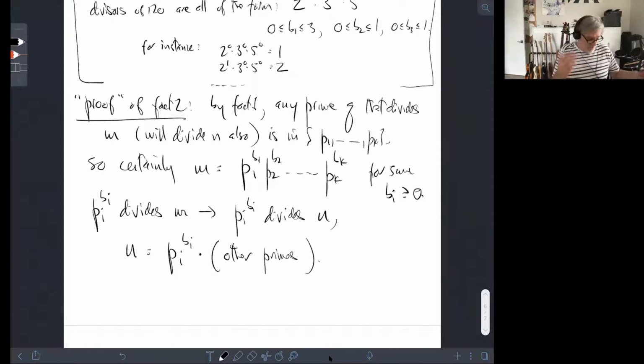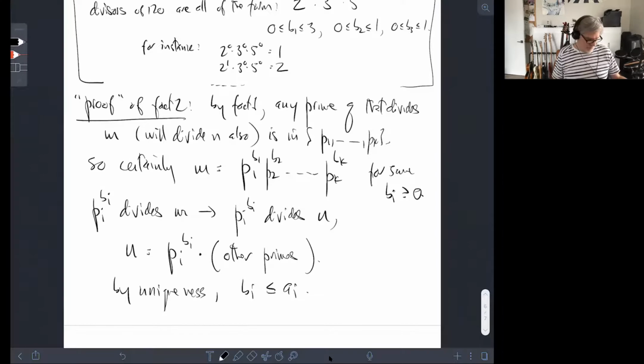Maybe Pi might appear again, but a bunch of primes, right? So I get again a factorization of N as a product of primes. There is only one way to do that. So for sure the Bi there can't be bigger than ai. It could be smaller because in that bunch of other primes, maybe Pi appears again. So by uniqueness, Bi has to be at most ai.